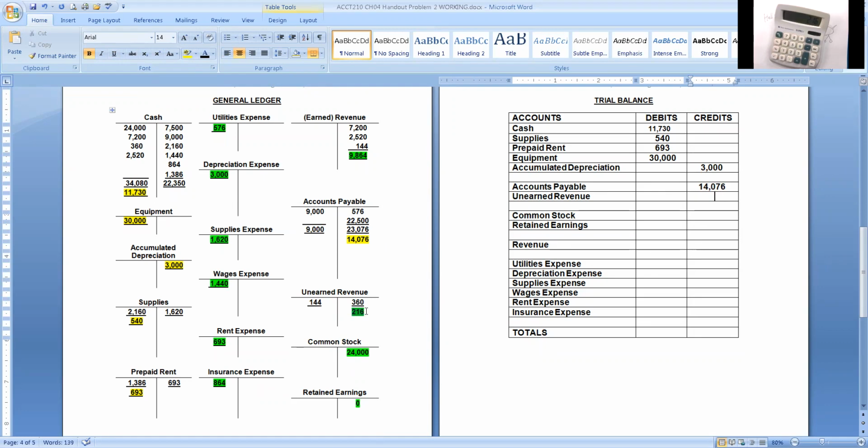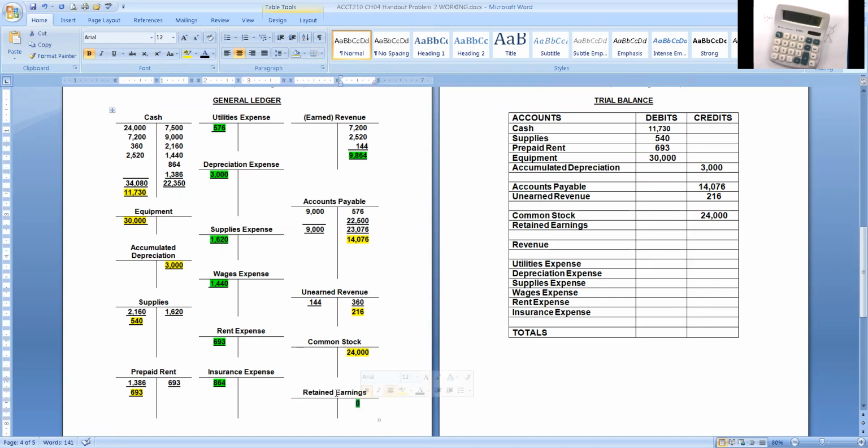Unearned revenue, 216, credit. Common stock, 24,000, credit.